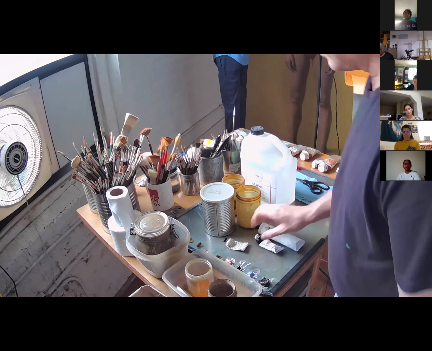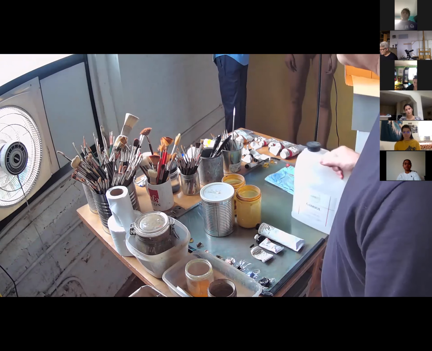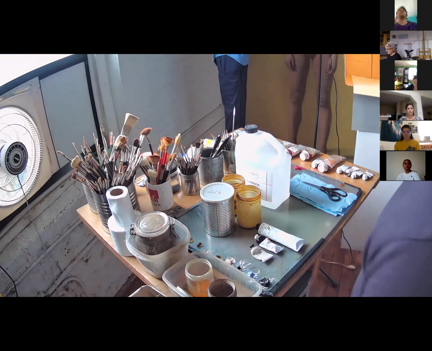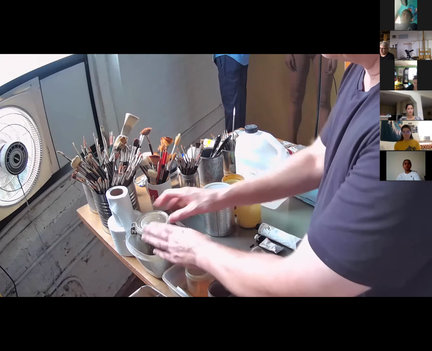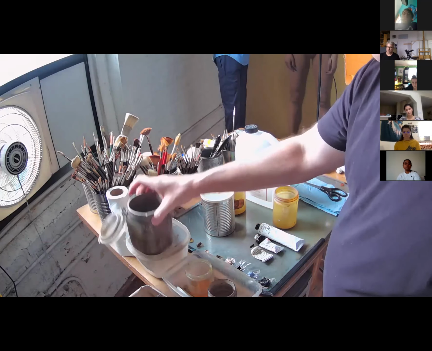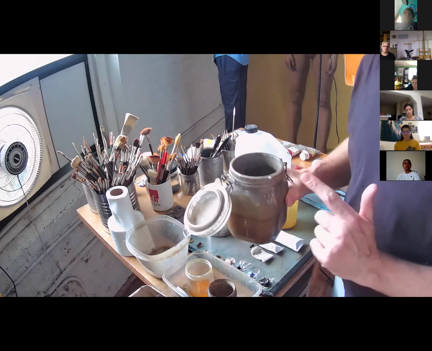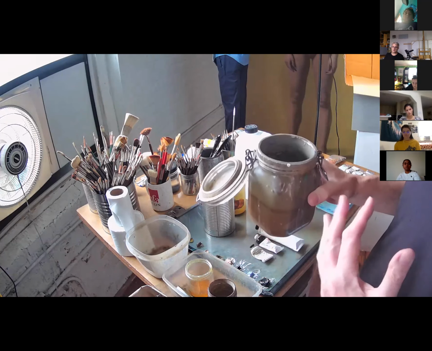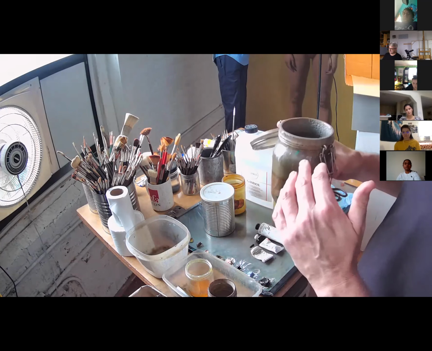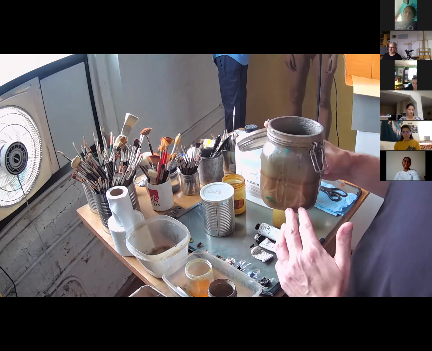Okay, so again, I just want to show people a couple things. So I have my palette, I have my rags, my paper towels, my cloth rags. I just want to remind people, I guess for the last time, about reusing mineral spirits. So these are mineral spirits that I used yesterday while I was painting. And the mineral spirits got very muddy by the end of the day. But what happens is the mud, all of that used paint, settles to the bottom of the container.